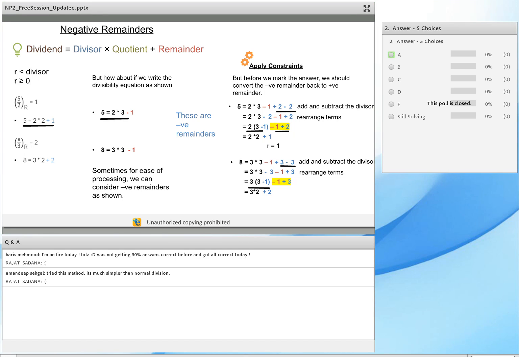So you guys know the drill. Let's look at still solving. 5, 4, 3, 2, and 1. That's great. And you're going to see the next question come your way.